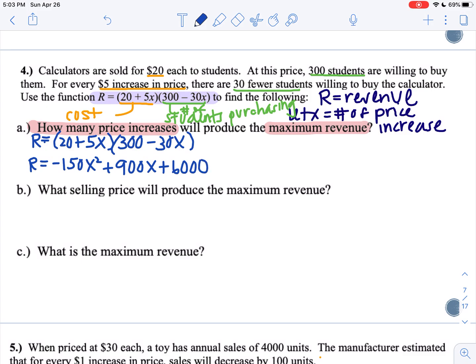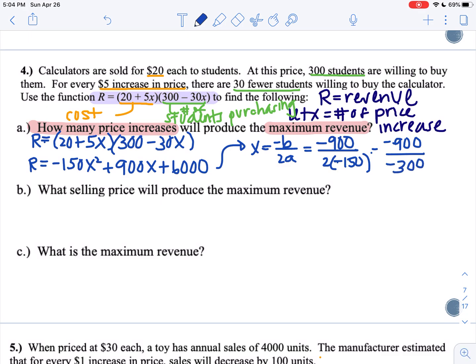Now that we have it in standard form, this is where we can try to find my axis of symmetry. At what value of x will I have my max, or will my vertex hit? I find that in standard form by doing x equals negative b over 2a. I plug in my negative b, negative 900 over 2 times negative 150. Negative 900 over negative 300.